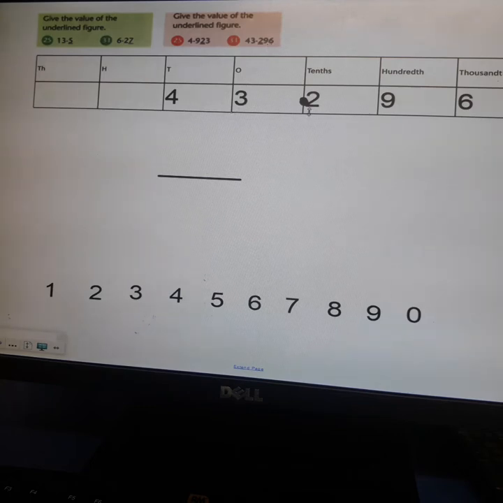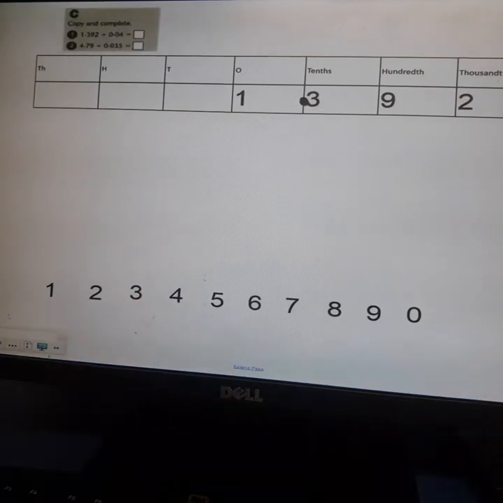You've got 43.296, and it's asking you what the 2 is worth here. Even though you've got the thousandths, that would be 6 thousandths, 9 hundredths, 2 tenths. This is actually, again, quite straightforward because it's simply worth 2 tenths. Okay, that part should be fairly straightforward.